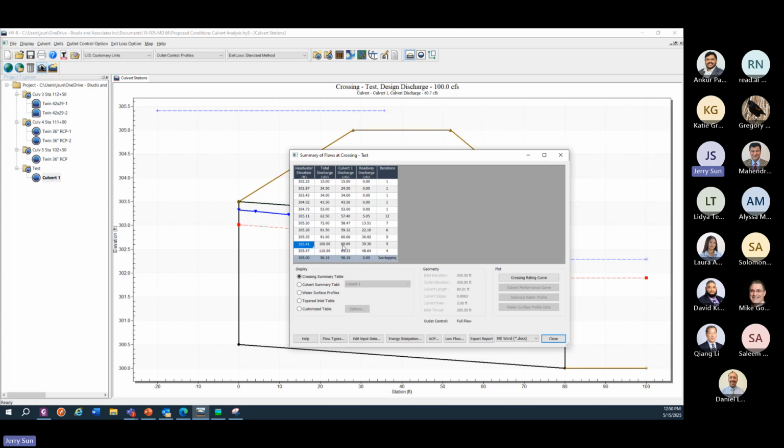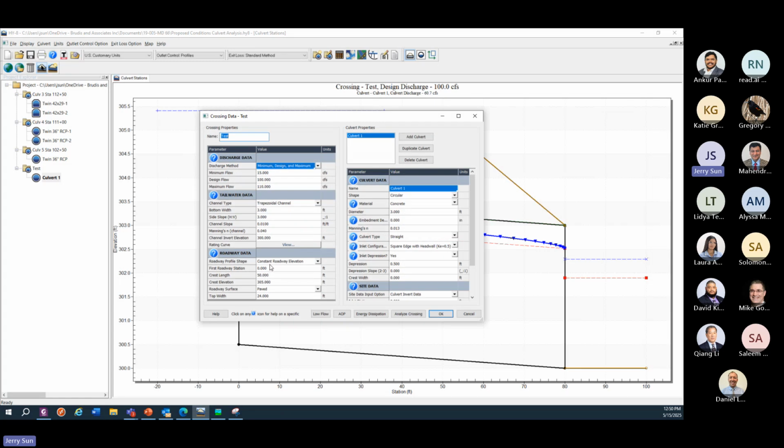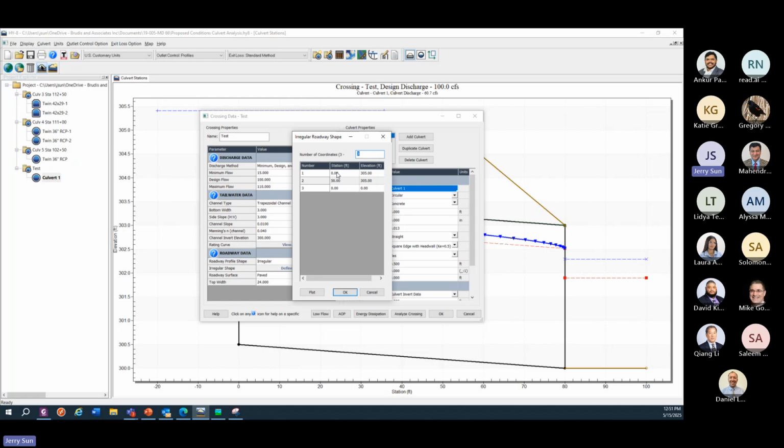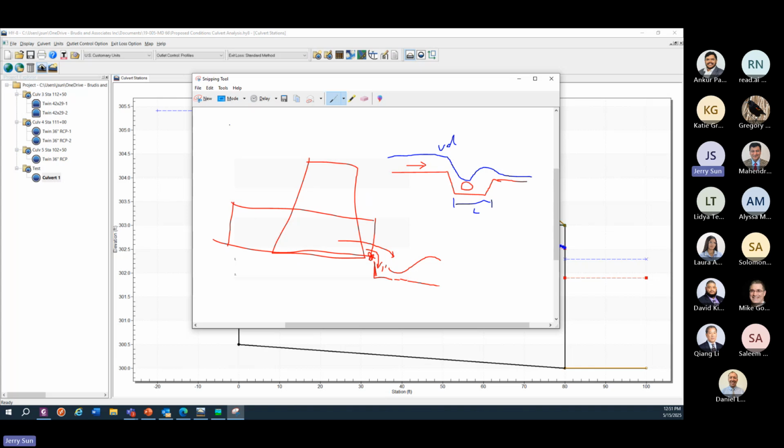They show the culvert discharge is this much, and the roadway discharge this much, right? If this happened, when you input this number, you cannot use a constant roadway elevation. You need irregular, and then define the parameters based on the roadway surface. For example, the roadway profile like this, right?